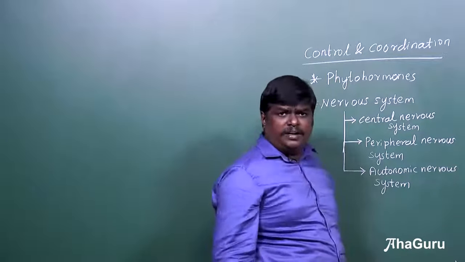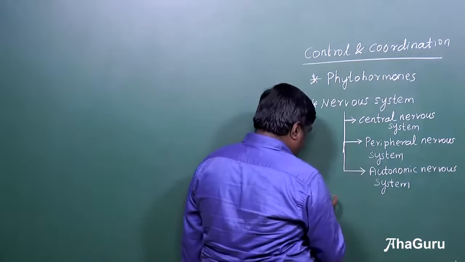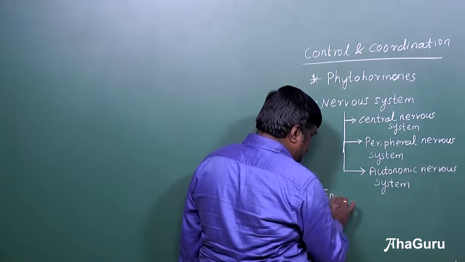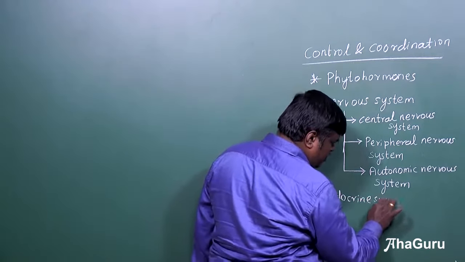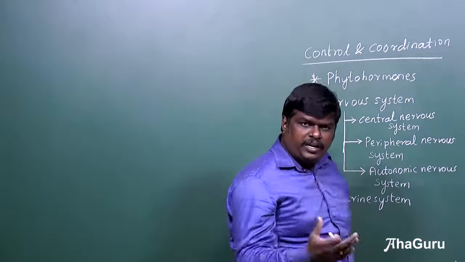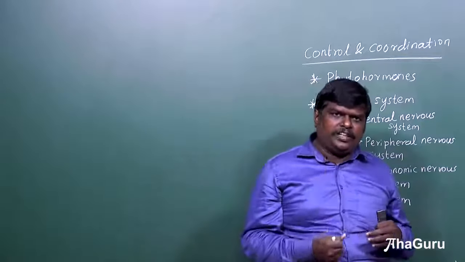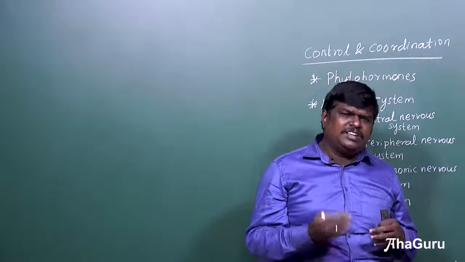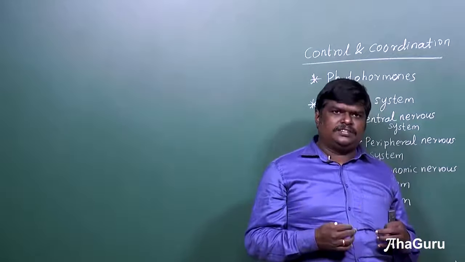This nervous system is a very important coordinating system. Apart from the nervous system, we have the endocrine system, which includes so many glands in our body. Pituitary gland, pineal gland, thyroid gland, parathyroid gland, adrenal gland, thymus gland, gonads, pancreas.